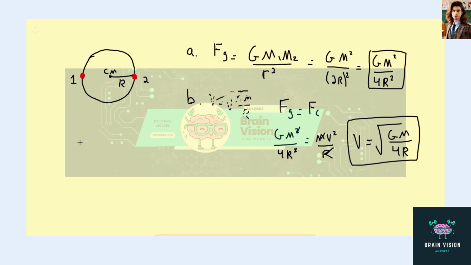And finally, part C asks us how much energy we would need to separate the stars to infinity. So we almost always want to set these up using conservation of energy. So we say the initial energy, so initial potential plus initial kinetic.